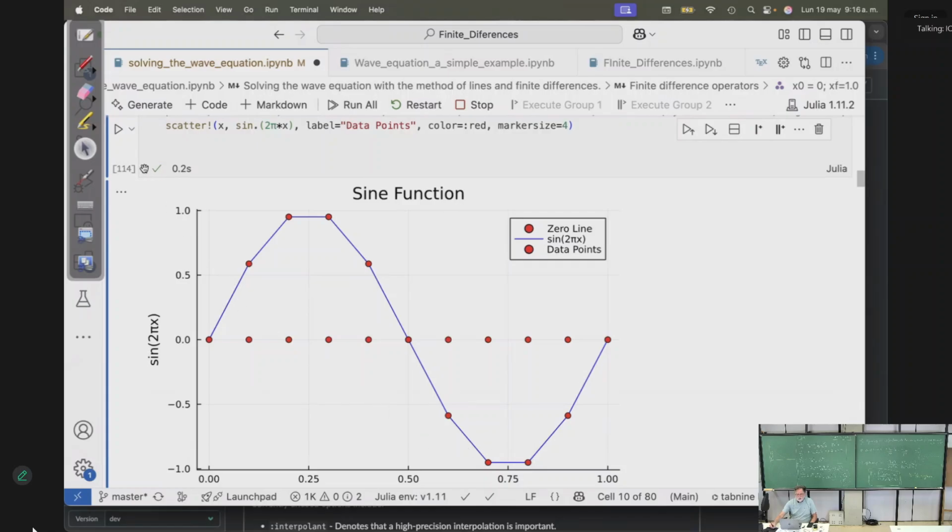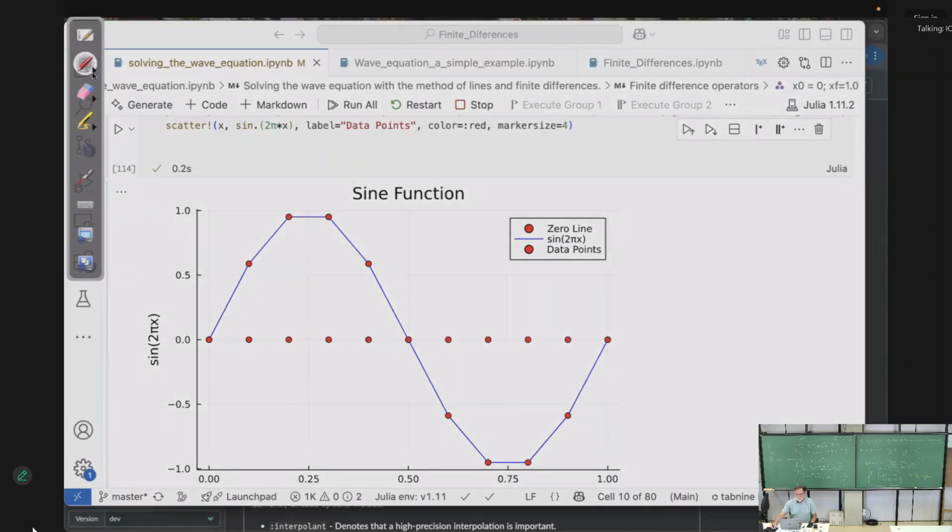And really here you can think of these points, this blue thing, as a v twiddle t of x, some function interpolating the real points. These are the points p i of t, sorry.